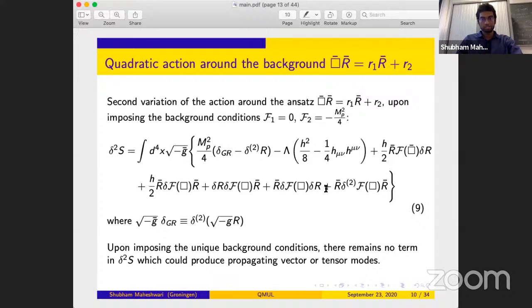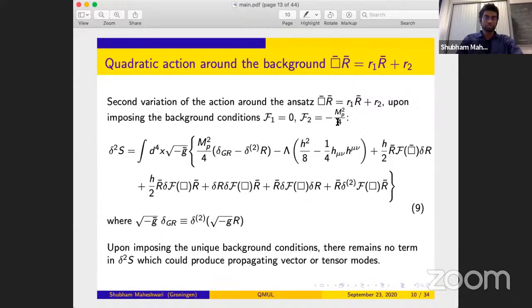From here you can see that actually only the first term was capable of producing any propagating vector or tensor modes, because they come from the quadratic piece of GR. So delta GR is the quadratic variation of the Einstein-Hilbert action.